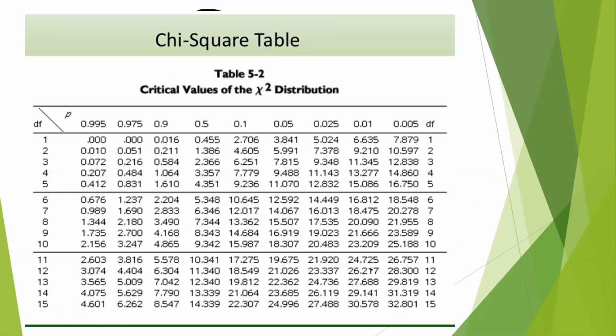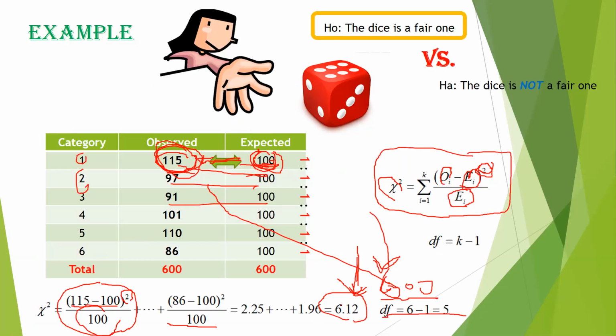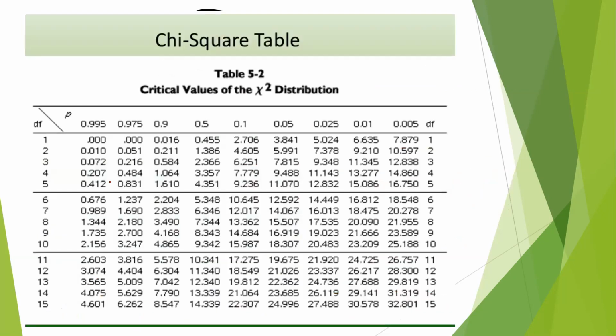Once we have the chi-square test statistic and the degree of freedom, how can we get a p-value for the test? This is the table we need to use. In this case, our degree of freedom equals 5, so in this table you only need to look at this row.